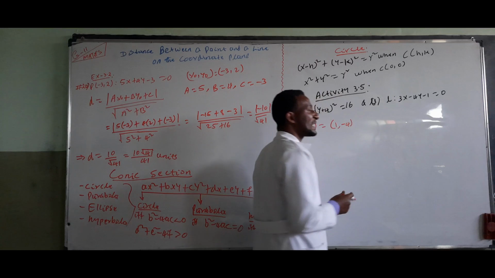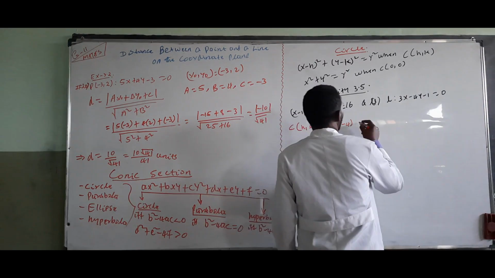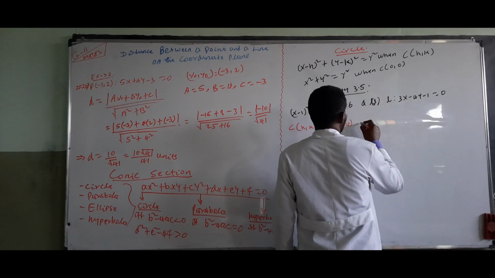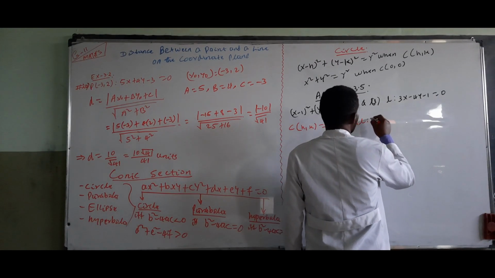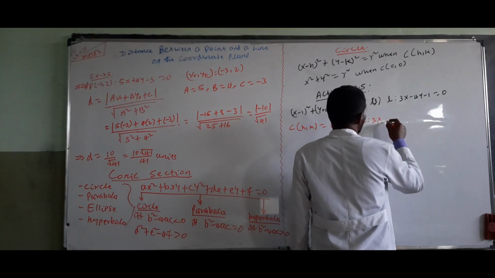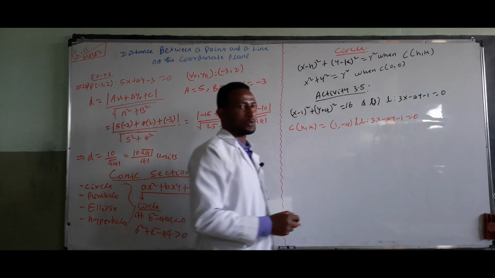Then we have to find the distance between this point and line L, which is expressed by 3x − 4y − 1 = 0.